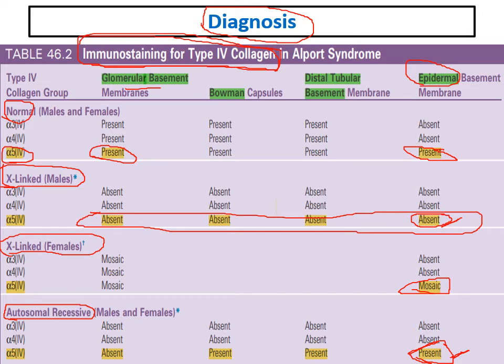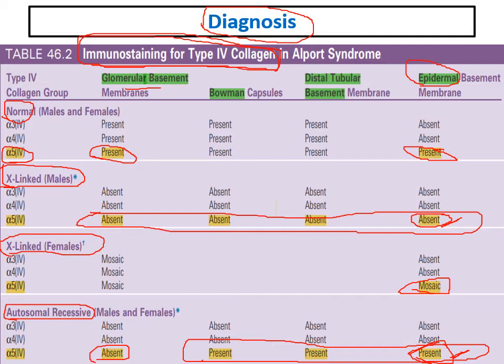But in autosomal recessive, it is only absent in the glomeruli, but it is present in all other areas: the Bowman's capsule, distal renal tubule, and epidermis.